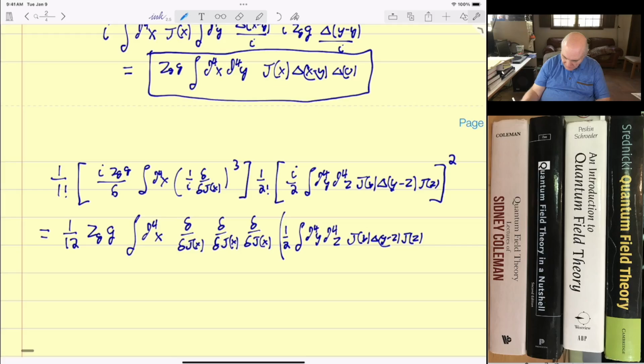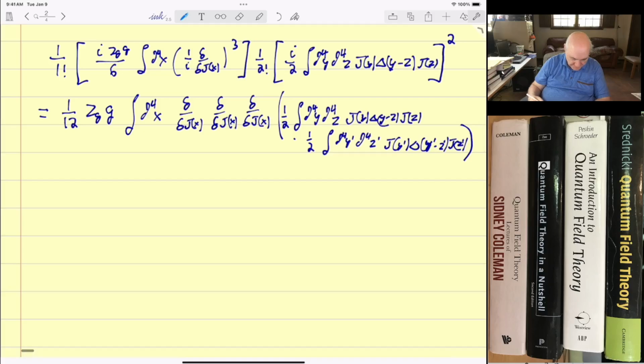And then this factor occurs twice because it's squared, but we have to use other variables when we represent it the second time. So this is times 1/2, I'm going to use primes now, the integral of d4y prime d4z prime j(y prime) Δ(y prime minus z prime) j(z prime). Okay, so the idea is just take one derivative, functional derivative, simplify it if you can, do it again and do it again and see what we get.